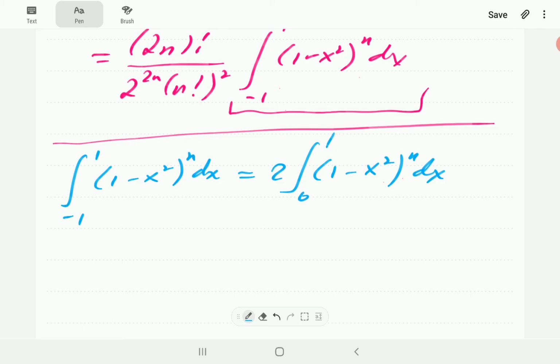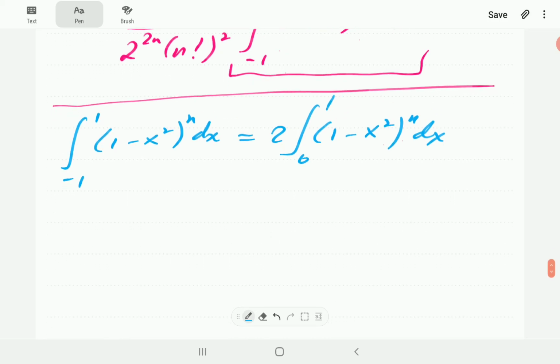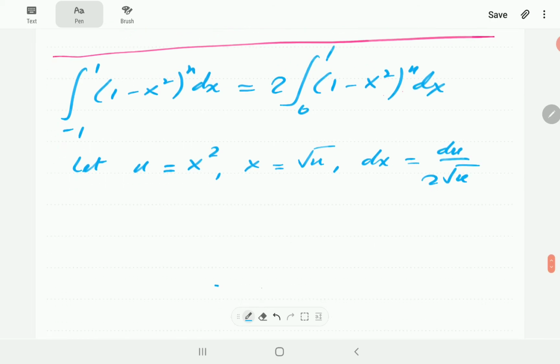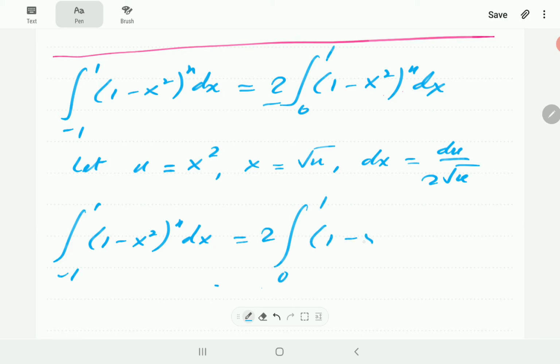All right, so if we let u be equal to x squared, then x is the square root of u, and dx is du over 2 square root of u. So the integral is going to be, there is that 2 there, the limits remain the same, so this is now 1 minus u, then I've got du over 2 square root of u there.